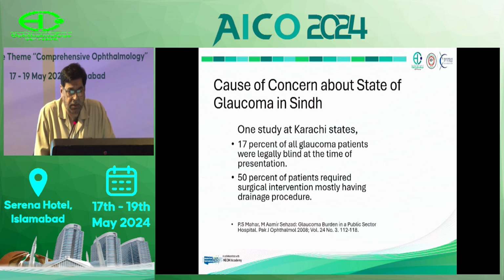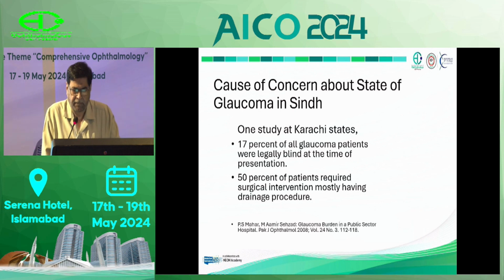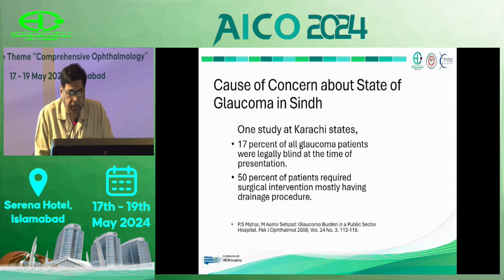My cause of concern about the state of glaucoma in Sindh is clear from a study done by our President-elect, Professor Mahar, sitting here in Karachi, capital of Sindh, which states that 17% of all glaucoma patients were legally blind at the time of presentation, and 50% of patients required intervention, mostly drainage procedures.